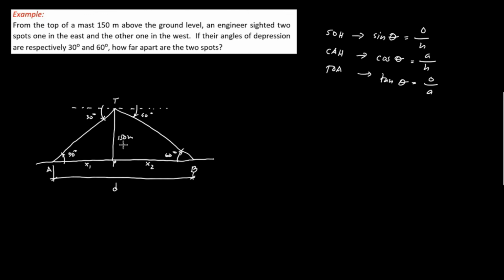With the height of 150 meters, we will solve first the distance AP, or x sub 1, at triangle ATP.